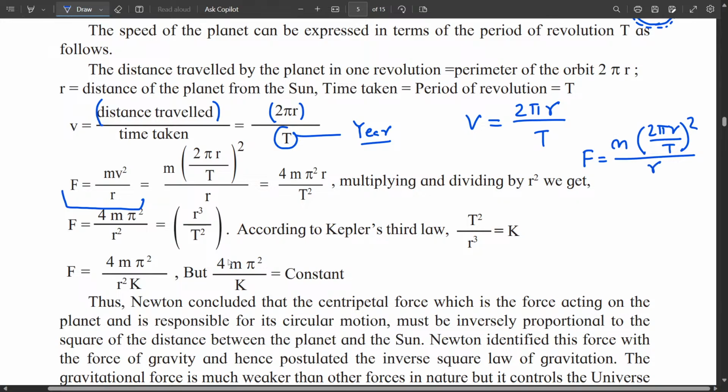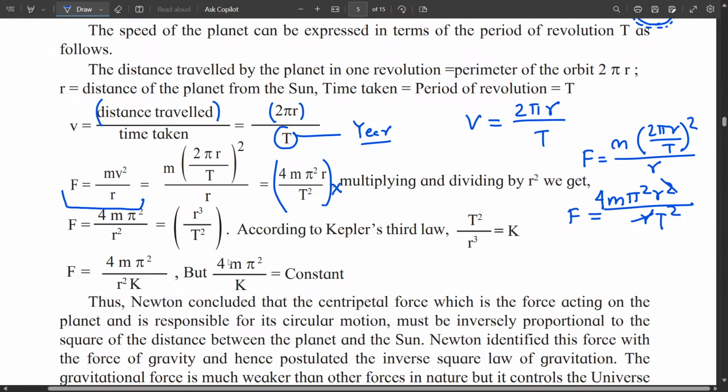So if we square this term, you will get m, then 2 square is 4, pi square is pi square, r square is r square, divided by T square is T square, and there is 1 r in the denominator. So 1 r will be cancelled, and we will get F equal to 4m pi square r upon T square.